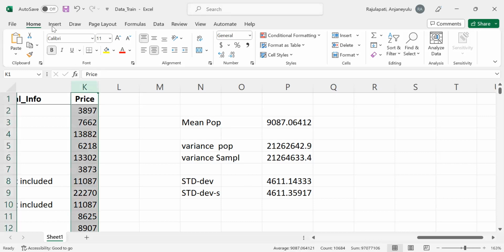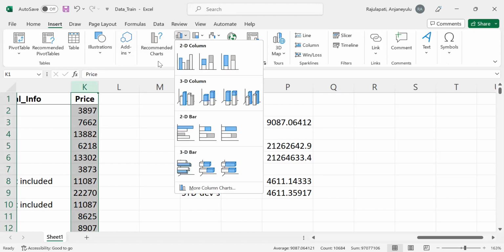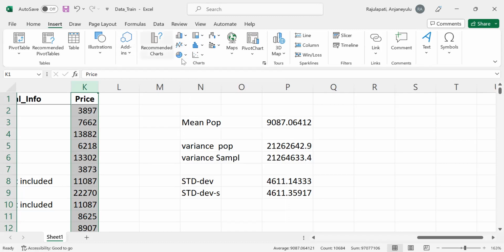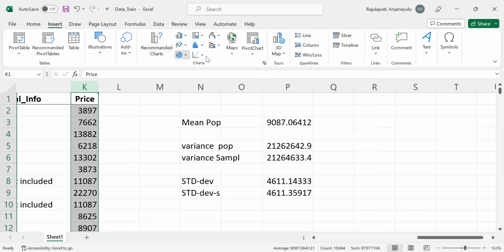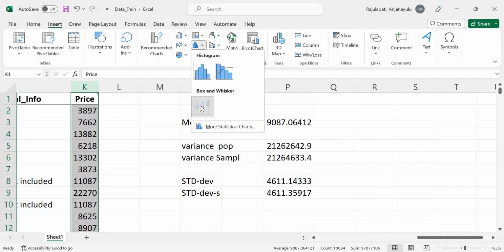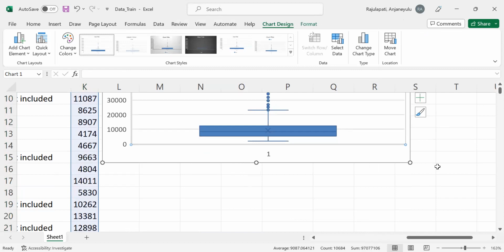Here we have the Insert operation, and go and find the chart. You can see the graphs, the scatter plots. Yes, here we can see this plot, right?